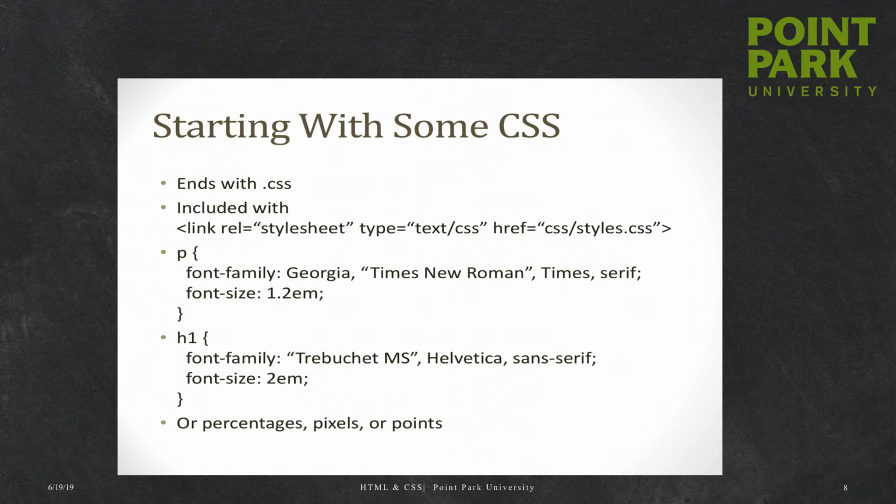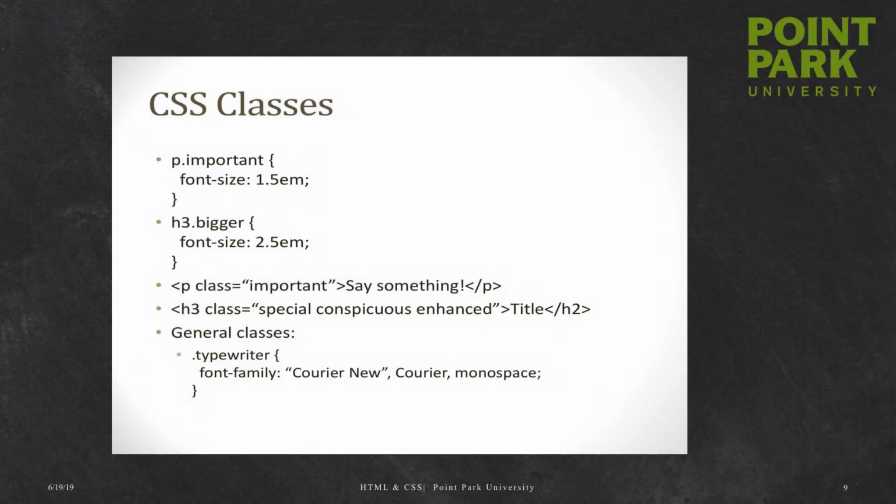If I call it P1 and use the P1 reference, then anytime I use that, it's going to say, P1, oh, I know what that is. It uses this. That's how that works. Same thing with H1. Once we go through the lab, it'll make more sense, I promise. I'll show you exactly how to do it in the lab.